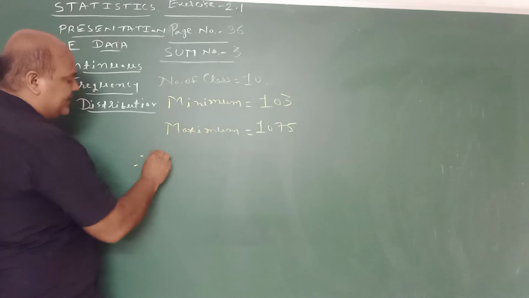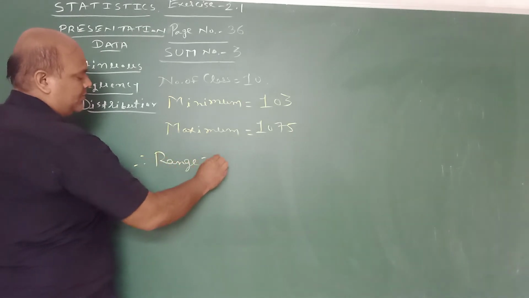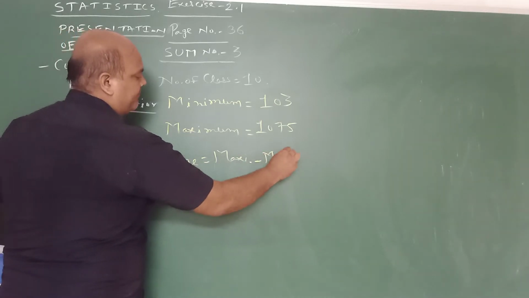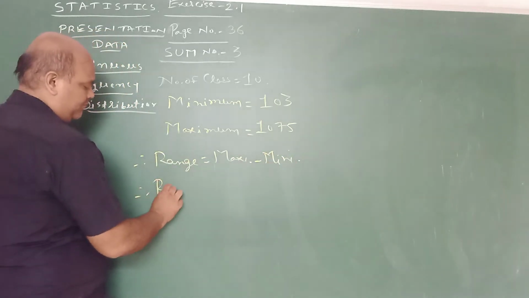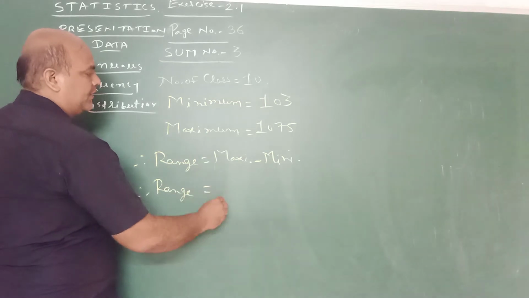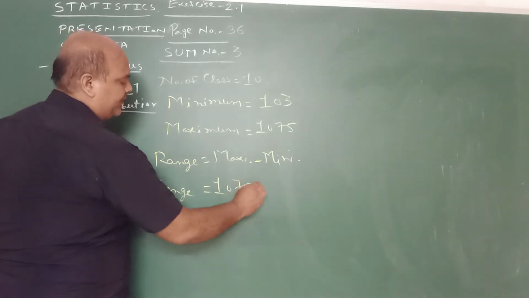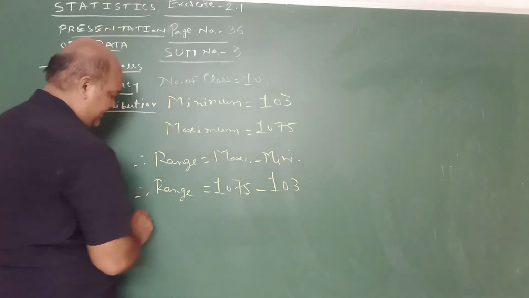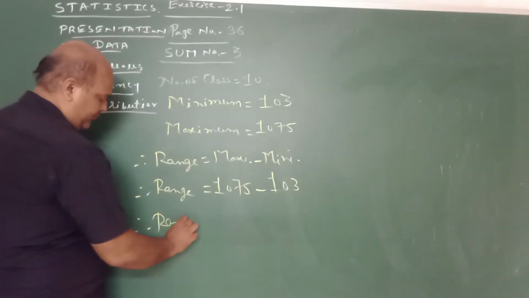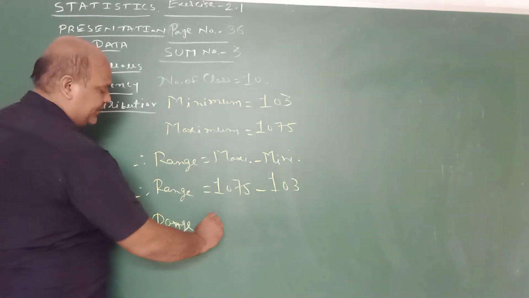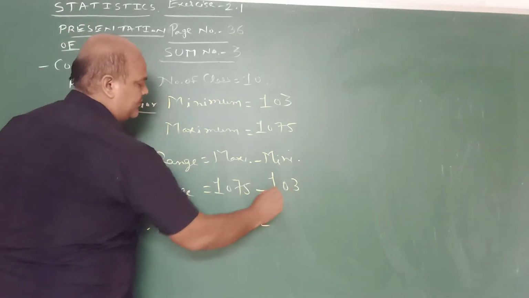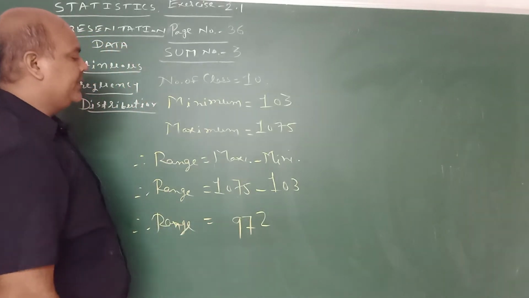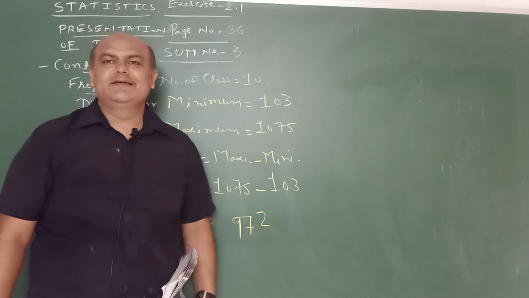So the range is maximum minus minimum. Maximum is 1075 minus 103. So the range is 972. This is the range.